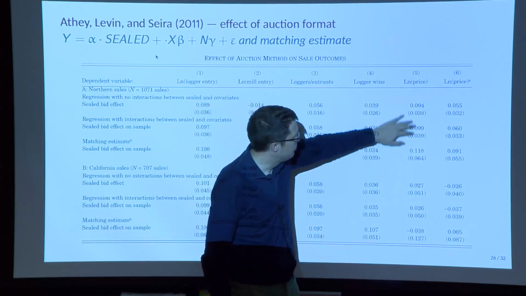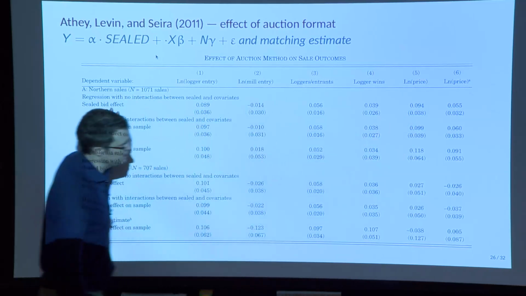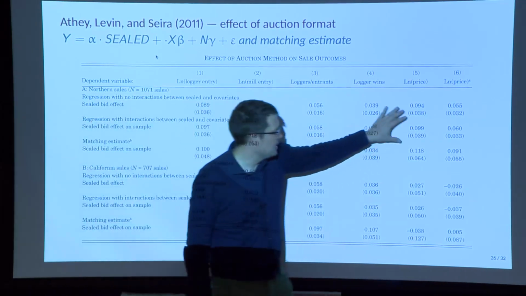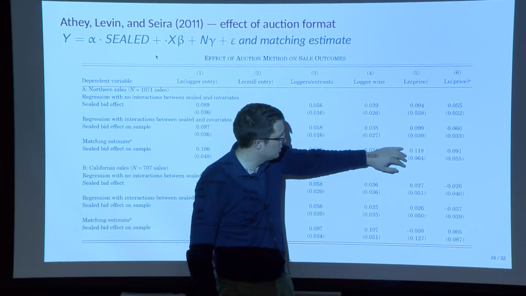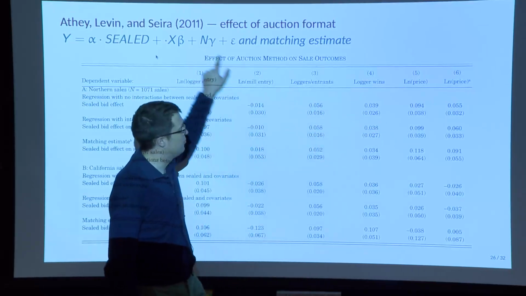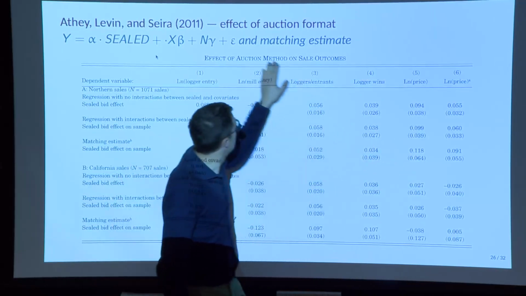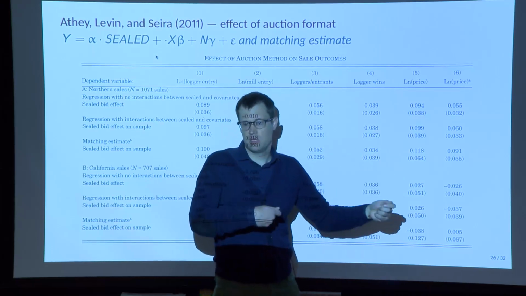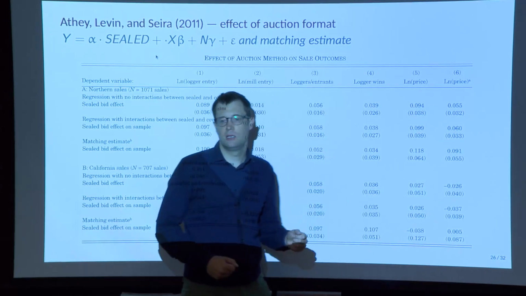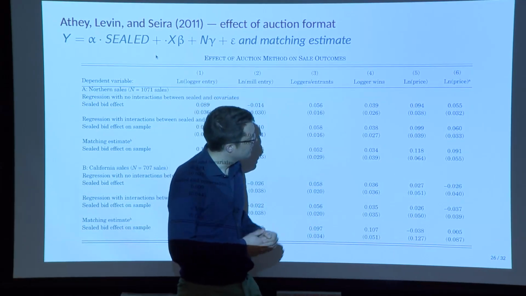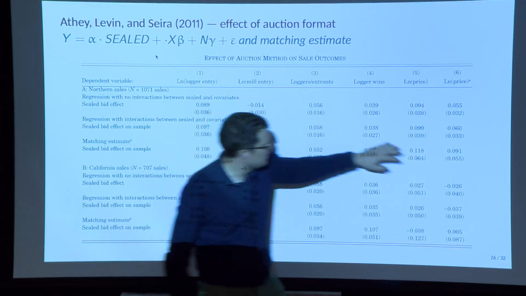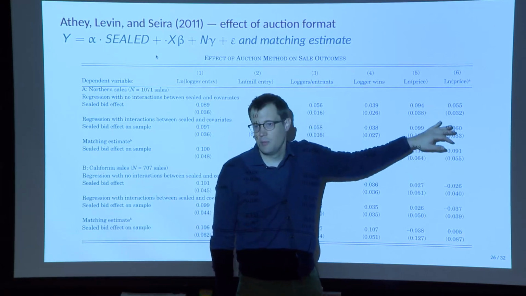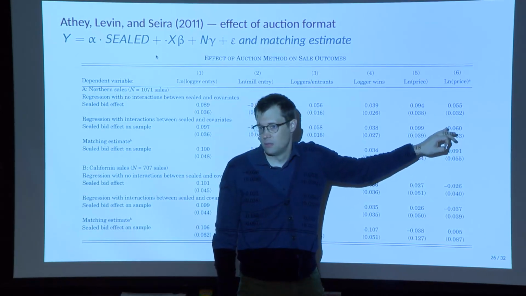And the prices in the northern regions are significantly higher, both when accounting for the number of bidders and even without accounting for the number of bidders. You get more entrants, and we know that more entrants are good for sellers. But even conditioning on the number of bidders, they find that the sealed bidding format leads to higher prices.